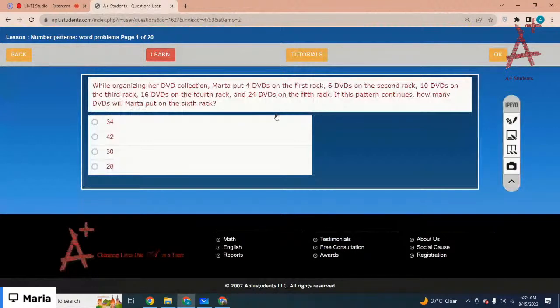If the pattern continues, how many DVDs will Marta put on the sixth rack? So, which is the correct option? That would be 34, right? We just did it in the tutorial. The pattern is increasing by twos.